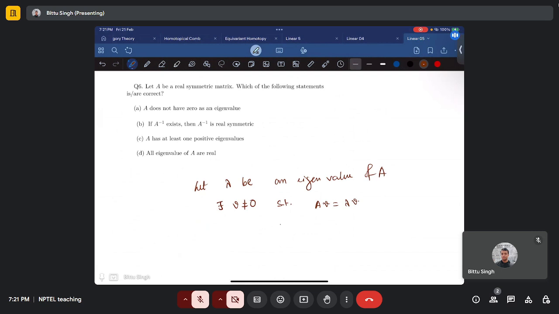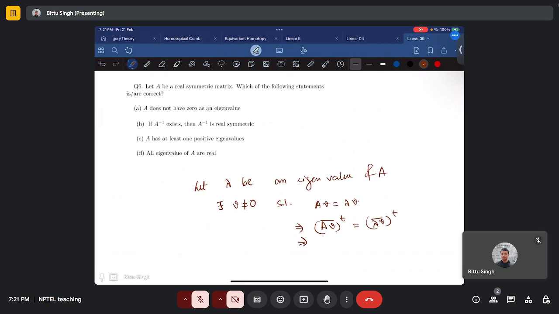If we apply conjugate transpose, then we get (AV) bar transpose, which is the same as (lambda V) bar transpose, conjugation and applying transpose.